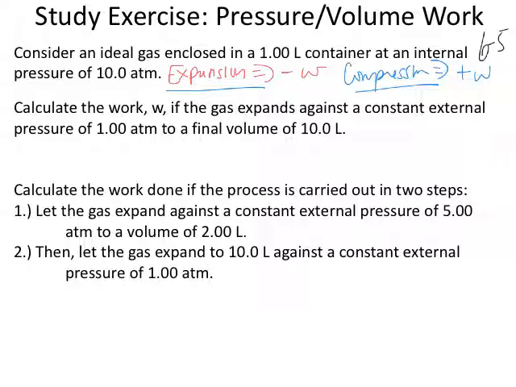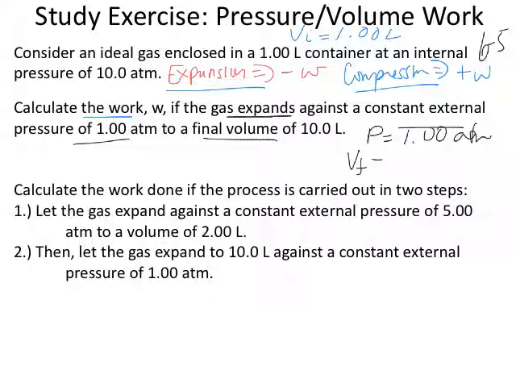Okay, the first part is basically telling you what the initial volume is. Initial volume is defined at 1.00 liters. And this question wants you to calculate the work if the gas expands against the constant internal pressure of P equals 1.00 atmospheres to a final volume, so VF equals 10.0 liters.